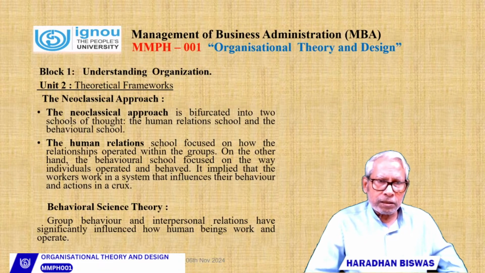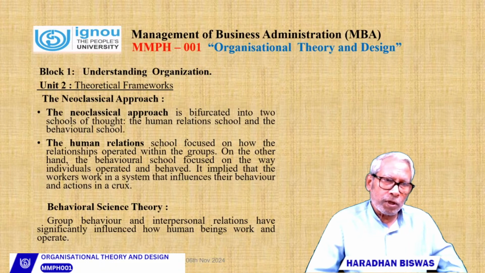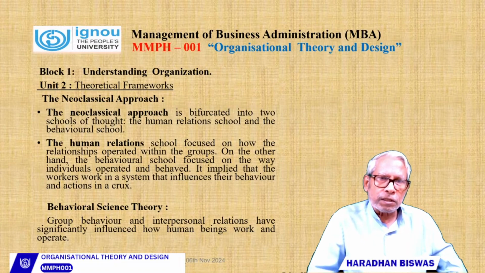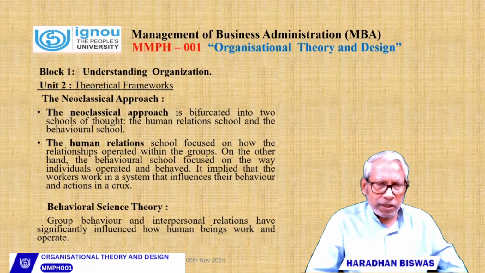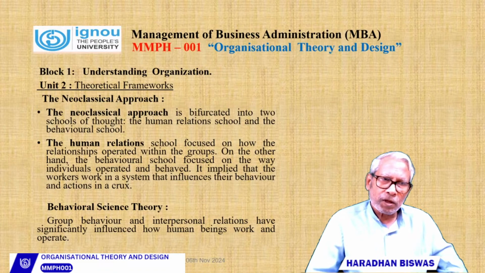On the other hand, the behavioral school focuses on the way individuals operate and how they are behaving. Behavioral science theories of group behavior and interpersonal relations have significantly influenced how human beings work and operate. So these are the behavioral theories.